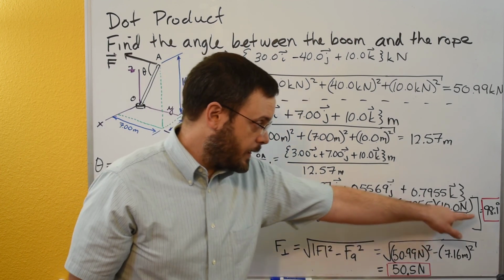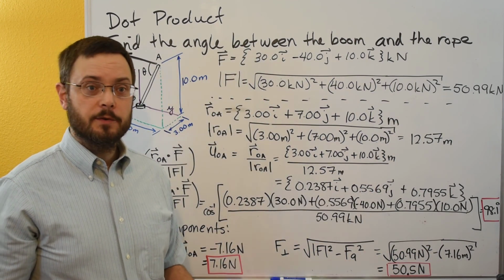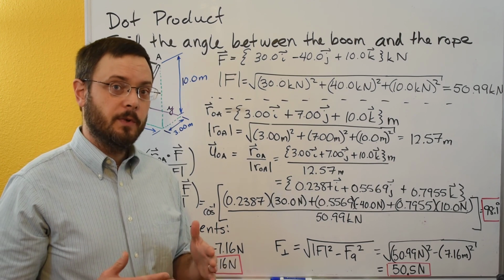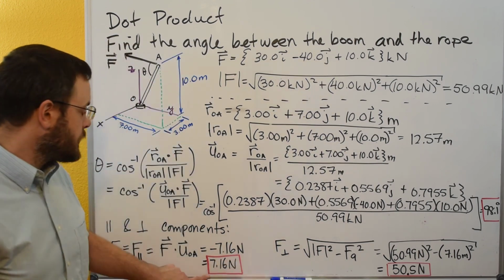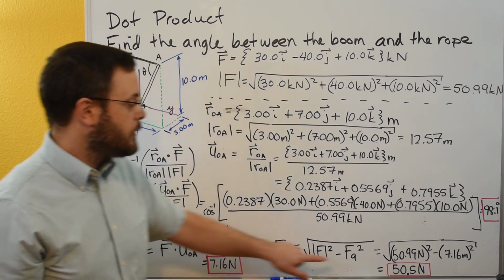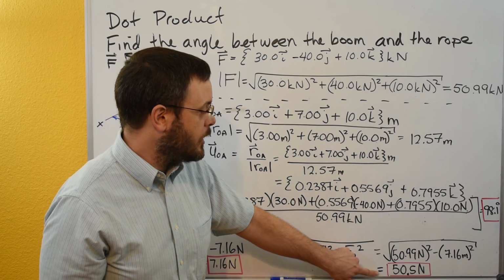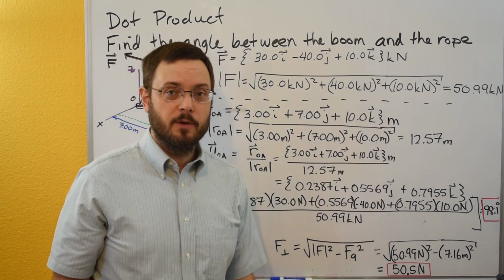You can see that our angle is close to 90 degrees, which means that these two vectors are close to being perpendicular, but not completely perpendicular. And that's resulting in the parallel portion being fairly small and the perpendicular portion being almost the same magnitude as the overall magnitude of the force vector.